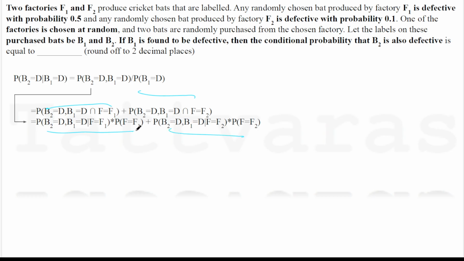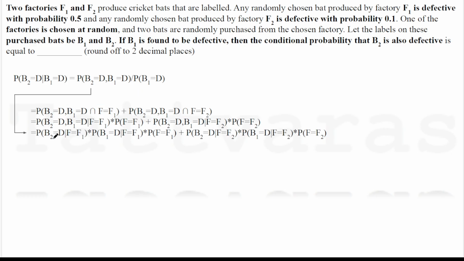Given that under the fixation of the factory the bats are independent, as stated in the question, we can isolate the probabilities like this in both situations. This is equal to this, as b1 and b2 are identical when conditioned under f, because they are random, so they are independent and identical.